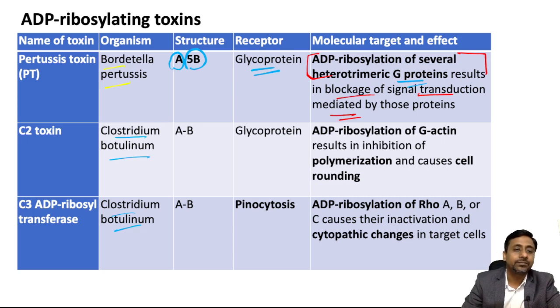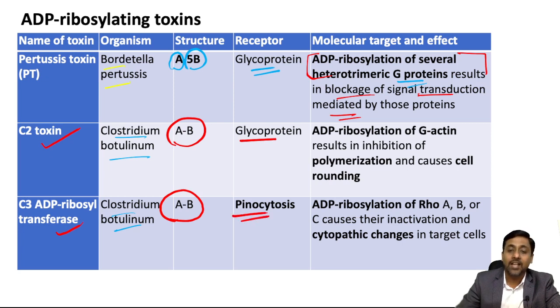proteins. C2 toxin produced by Clostridium botulinum and C3 ADP ribosyl transferase toxin produced by Clostridium botulinum both have got similar structure, that is composed of one A and one B subunit. However, the receptor for C2 toxin is glycoprotein, while the C3 toxin enters via pinocytosis.